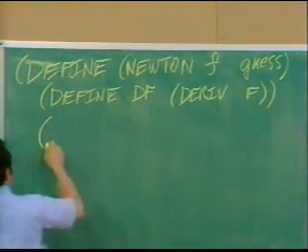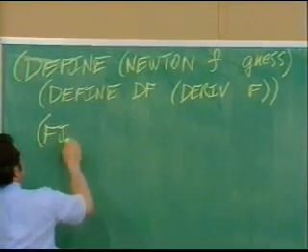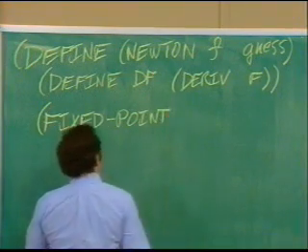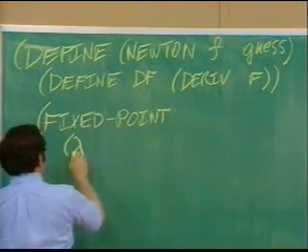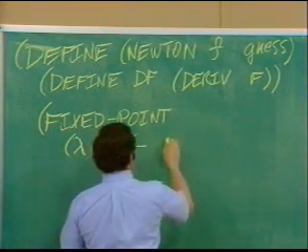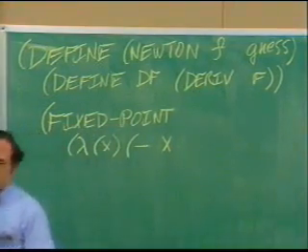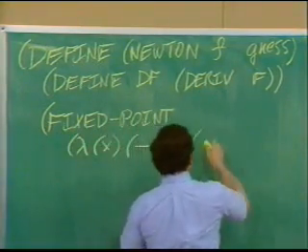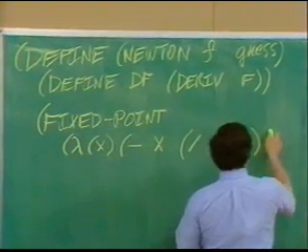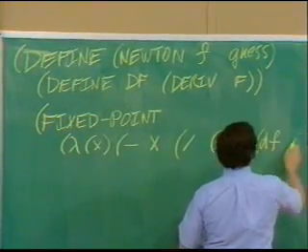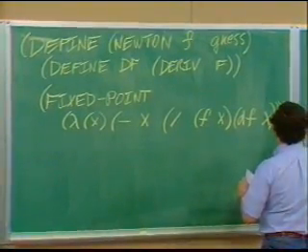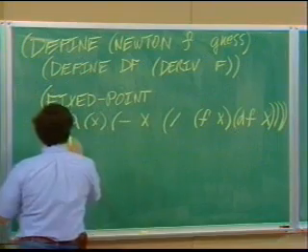And then given that, I will just go for looking for a fixed point. What is the fixed point I'm looking for? It's the one for that procedure of one argument x, which I compute by subtracting x, that's the yn here, the quotient of f of x and df of x. Starting out with the original guess.